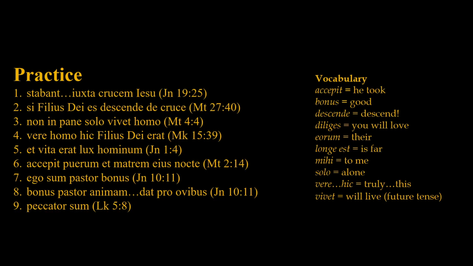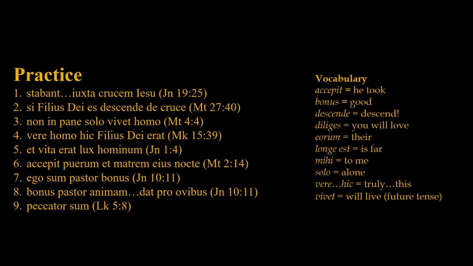Number 4: Vere homo hic filius Dei erat. Erat we've seen before. He, she, or it was. Vere, truly, as in, for example, in English we might say veritably or verily. Both of those words come from or are related to this Latin word, vere.